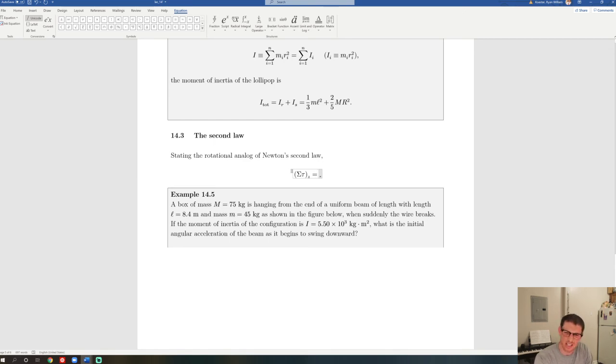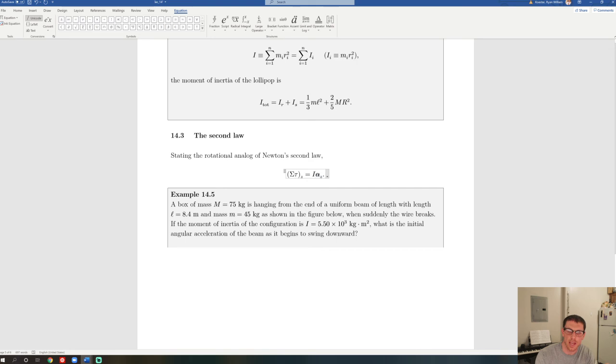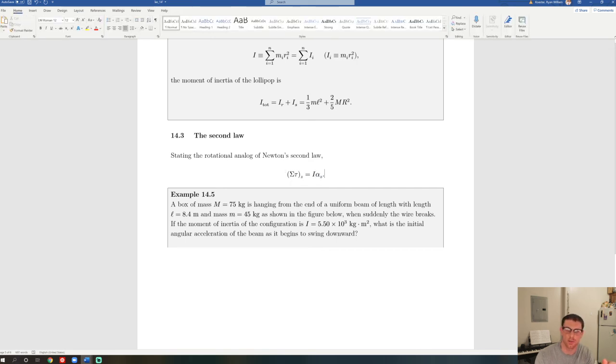And I think the textbook does this too. I'm not sure, but anyway, we state Newton's second law in rotational form as the sum of the torques in the z direction equals the moment of inertia times the angular acceleration, right? And so this is perfectly analogous to the form of Newton's second law that we all know and love, right? Where the net torque takes the place of the net force, the moment of inertia takes the place of the mass, and the angular acceleration takes the place of linear acceleration. And that's really it, right?